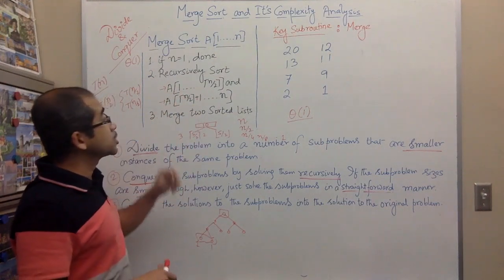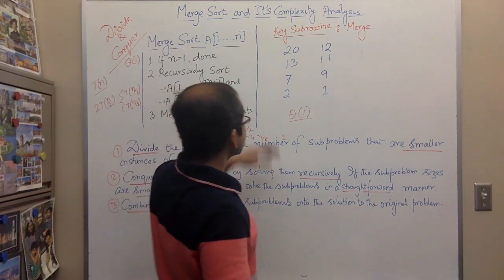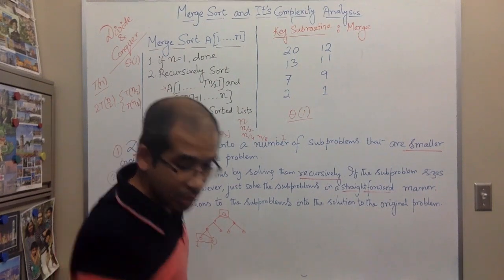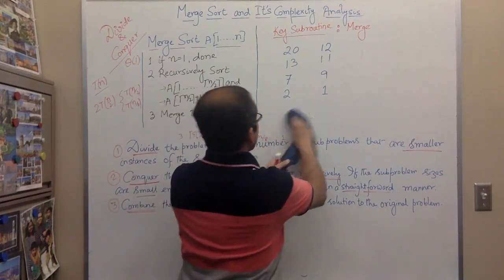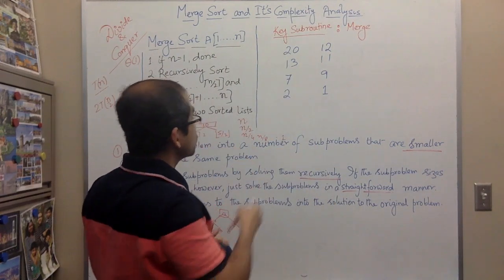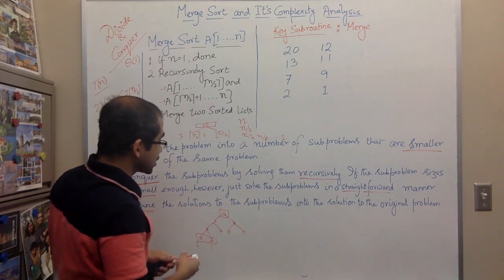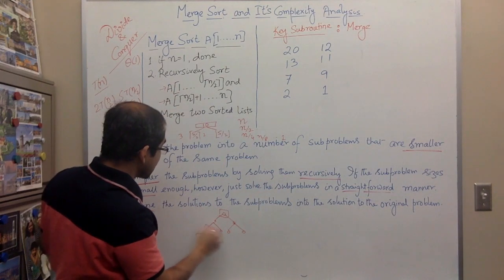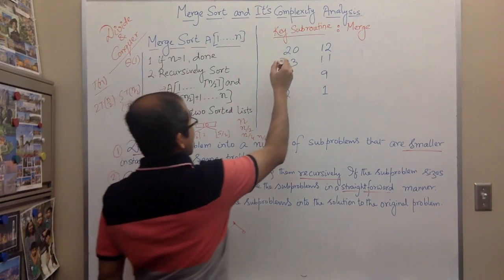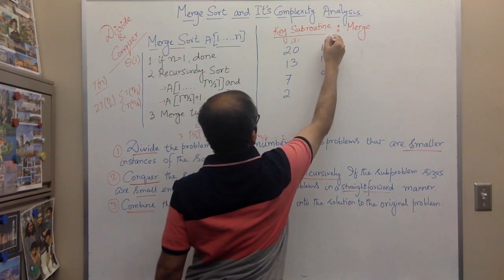Here, suppose there are two subarrays which we need to merge. Just assume that at this stage of merging, the elements are like this. This is subarray A1 and this is subarray A2.